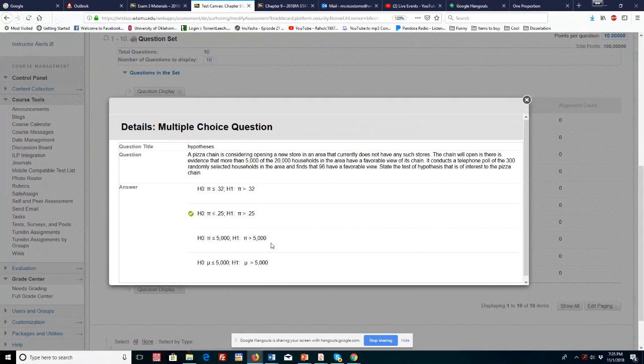It's not 5,000 because again, we are looking for the proportion rather than the number of households, because we're not going to be sampling the entire population.